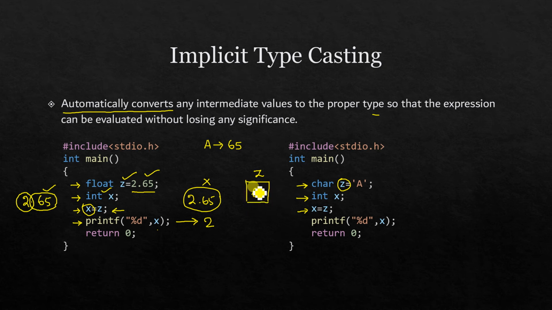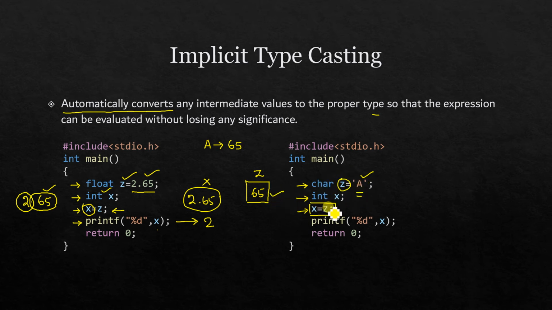Even though it is 65, when you print it as a character, it will be printed as capital A. But in the third line I am assigning the value of z, which is A in the program but 65 in memory.